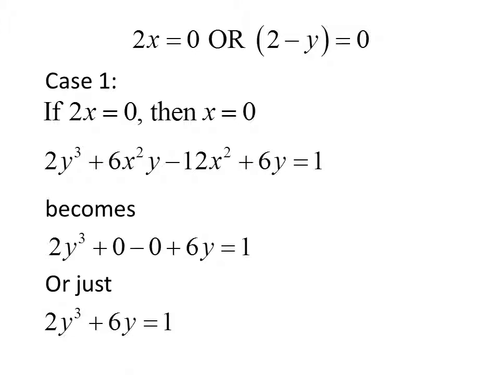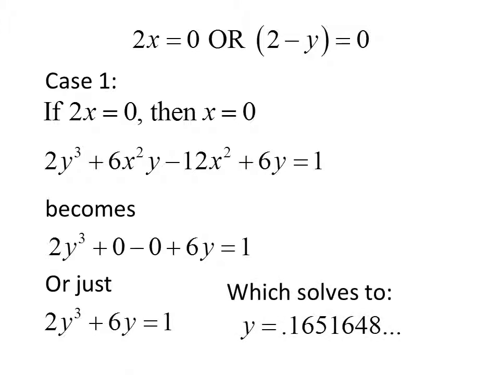And that simplifies very nicely. And one of the things we're expected to be able to do on the advanced placement exam is to solve equations like this using our calculator. So we'll get out our calculator and solve this equation and find out that y is equal to 0.165 and some change at this point when x is equal to 0.